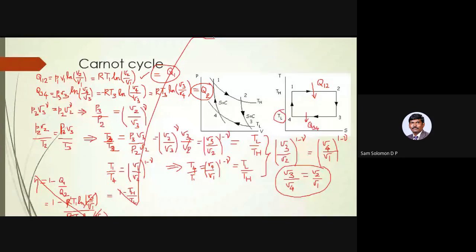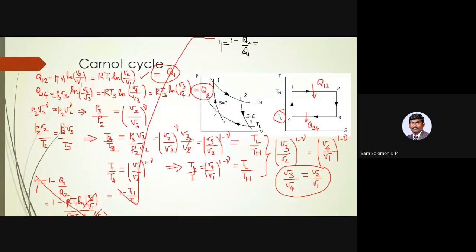So efficiency is 1 minus Q2 by Q1. It is not Q1 by Q2. Work done divided by heat supplied. So Q1 minus Q2 divided by Q1. So that will give me 1 minus Q2 by Q1.